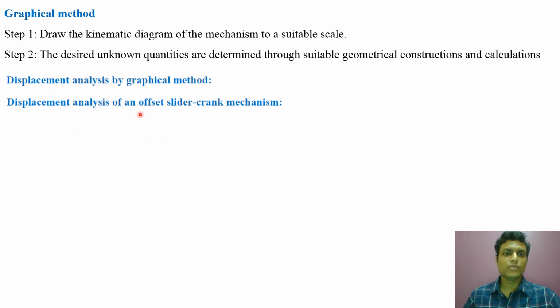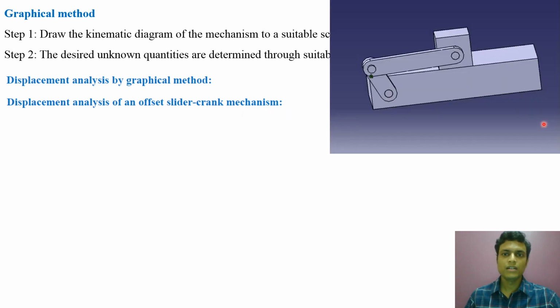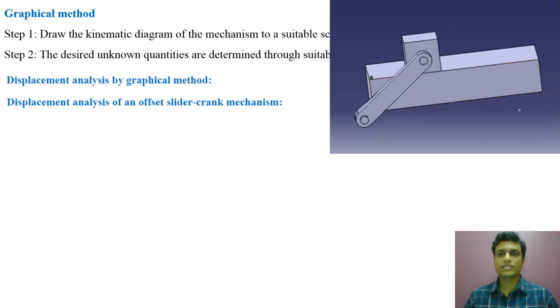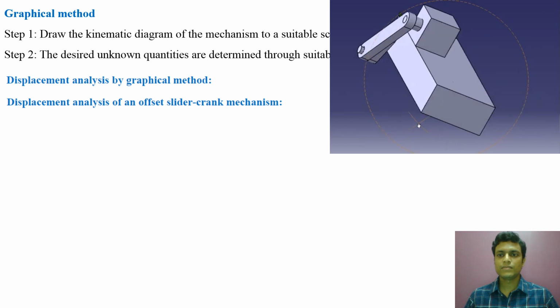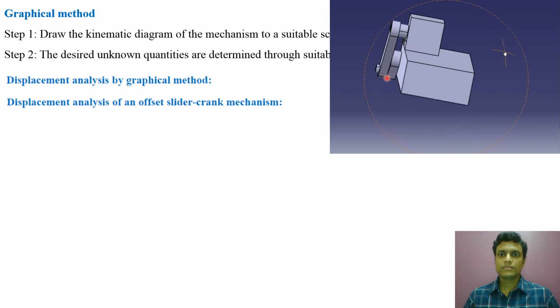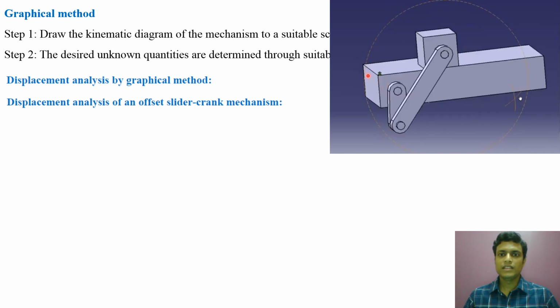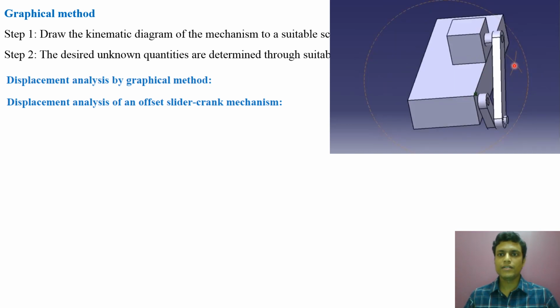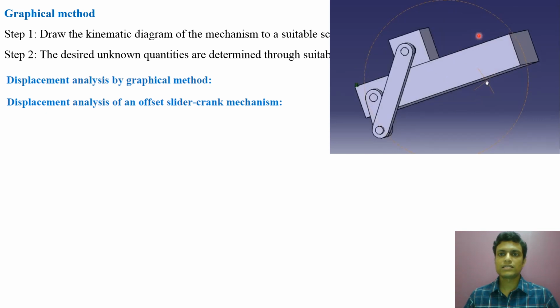So we start with the graphical method. For an example, we have chosen an offset slider crank mechanism. So first we will do displacement analysis of an offset slider crank mechanism. This is the animation of an offset slider crank mechanism, where this is the crank, this is the connecting rod and the sliding one is the slider.